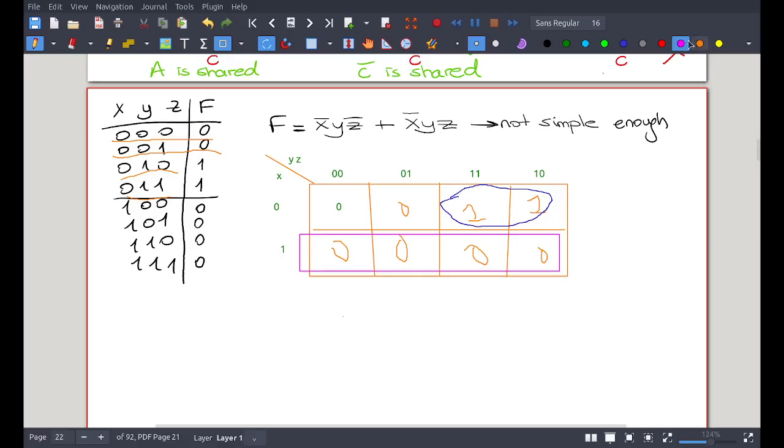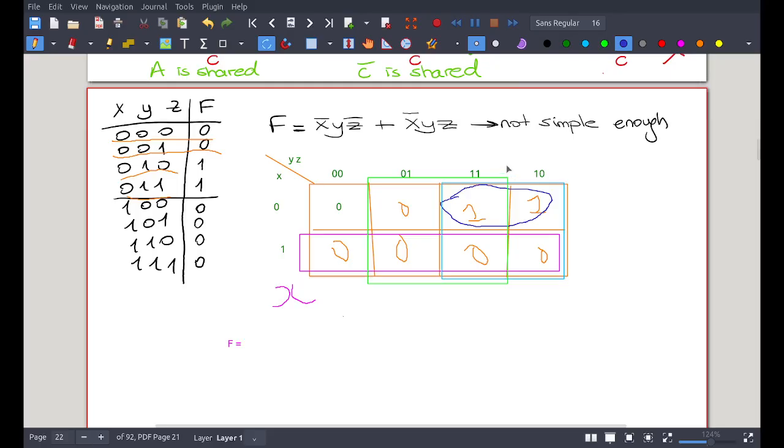This will be the grouping for Y, and let me take this one, this will be the grouping for Z. Those are the 3 groupings we have available, and then we look at them one by one. We take the function f equals, and we see this pink grouping: the pink one is X, right?